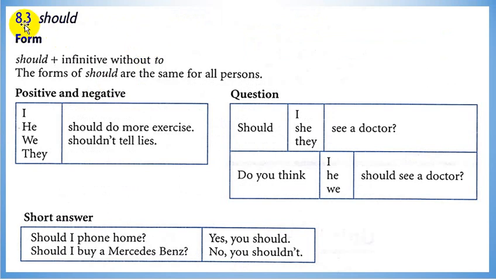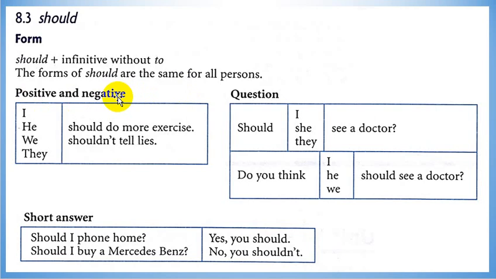Now, how using should. 8.3, should plus infinitive without to. The forms of should are the same for all persons. قلنا auxiliary verb يكون الكلمة أو الفعل المساعد يأتي بنفس الهيئة نفس الصيغة لكل ضمائر الفاعل.